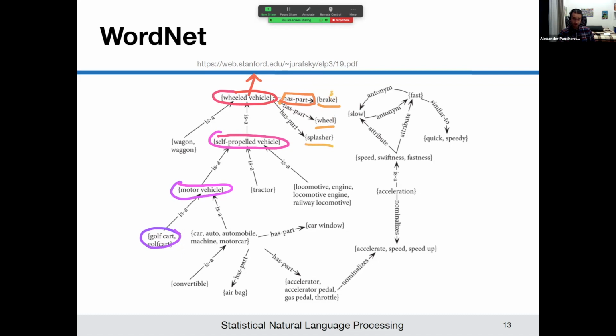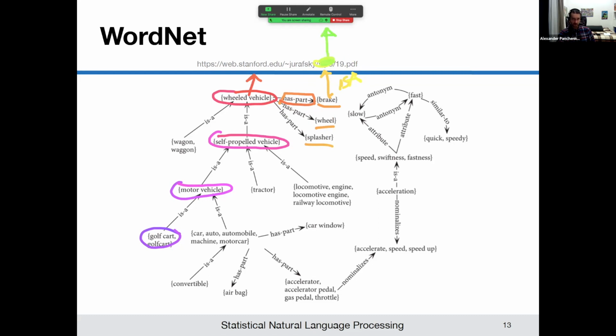And actually this is not a complete graph, because the brake itself will be some kind of a notion which is less specific than some other notion, let's say like a braking device.